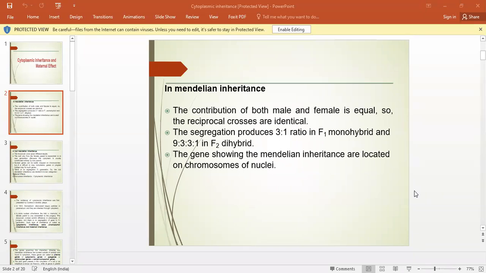Third thing, the F1 generation produces a 3:1 ratio of the offspring, and the F2 will produce 9:3:3:1. And the chromosome or the DNA present in the nucleus of that cell follows the Mendelian inheritance. Now this Mendelian inheritance is totally opposite to the cytoplasmic inheritance.